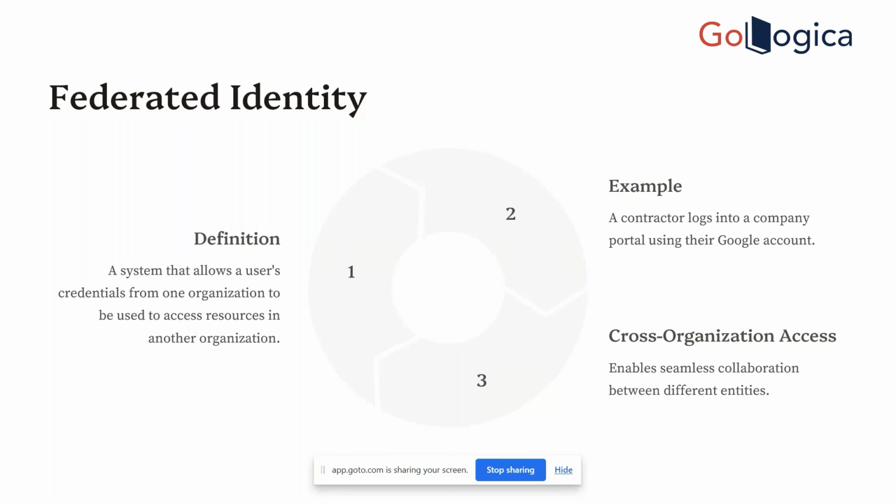Obviously, if our identity jumps from one organization to another, it means we have cross-organization access. We are enabling seamless collaboration between different identities. As an example, I am a contractor with a proposal for organizations.